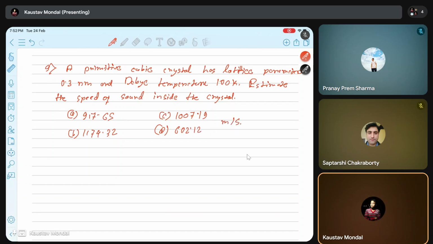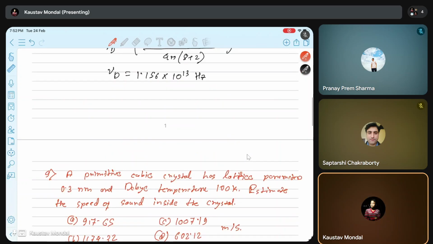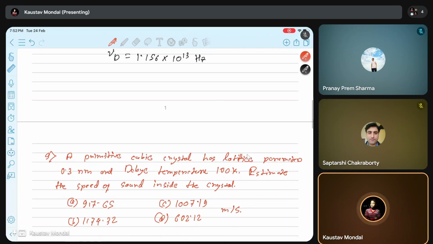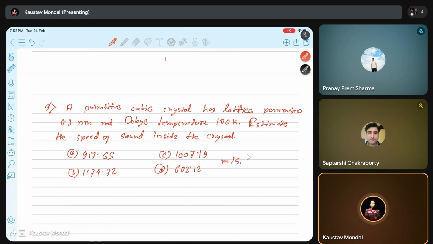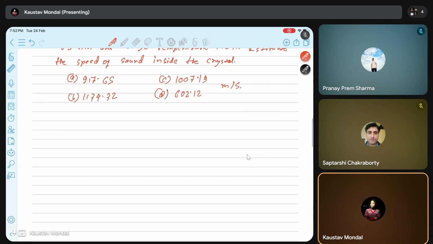Okay. So now if you do that, since it's a cubic crystal, due to the symmetry of the problem, what we can consider is that the velocity of the sound, both in the transverse direction as well as the longitudinal direction, would be equal to each other.